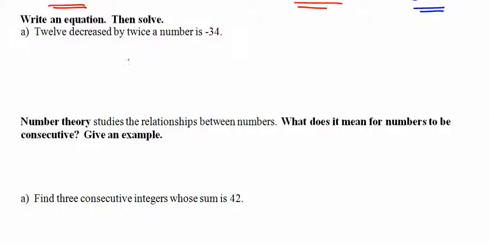12 decreased by twice a number. 12 decreased by twice some number. Now this is a problem. A lot of people look at it and say, oh, I've got to add 12 because 12 is negative. 12 is not negative. If that helps, write it like that. To solve this, we have to subtract 12.